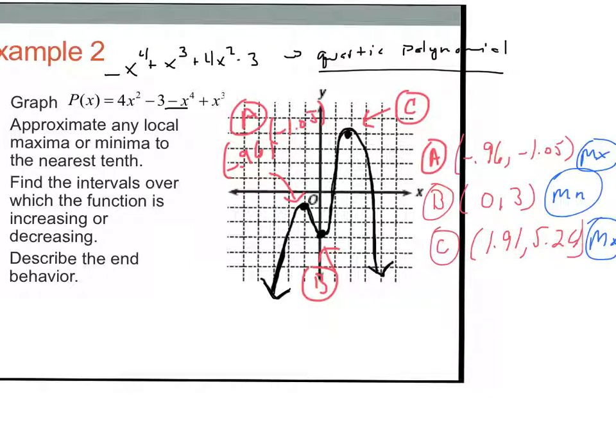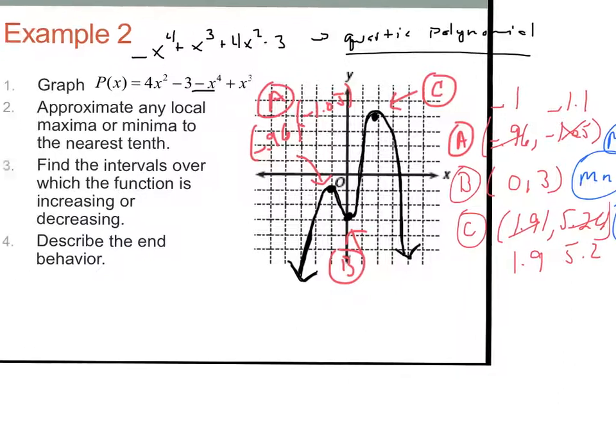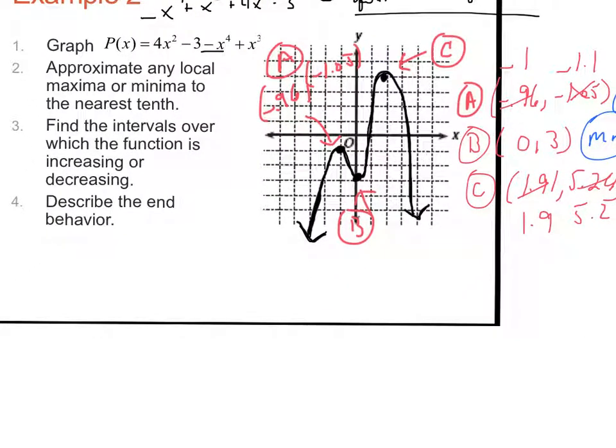We'll go ahead and round to the nearest tenth. So technically, this guy should be a negative 1.1. And this guy should be a 5.2. This guy should be a 1.9. And this guy should be a negative 1.0. Makes life a little bit easier when we're labeling points and intervals.